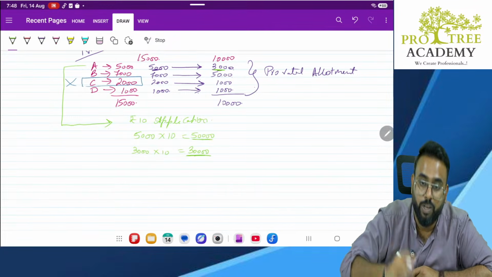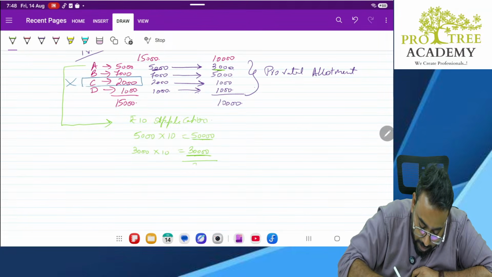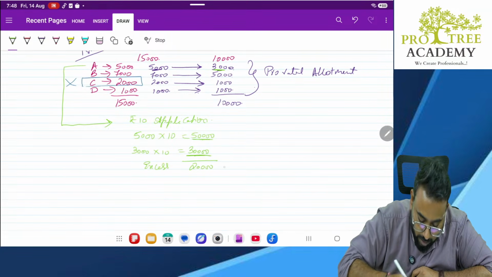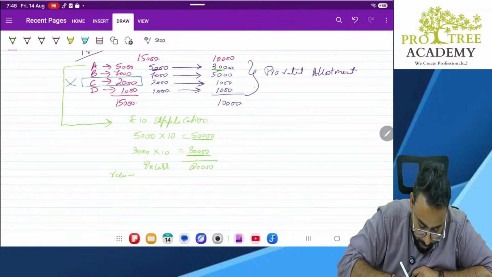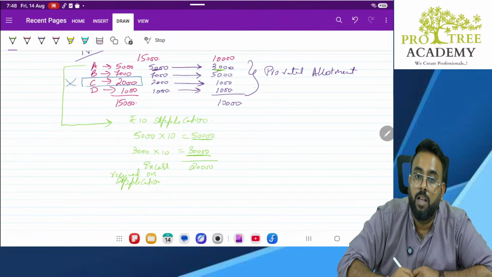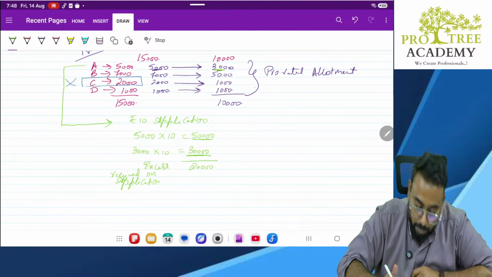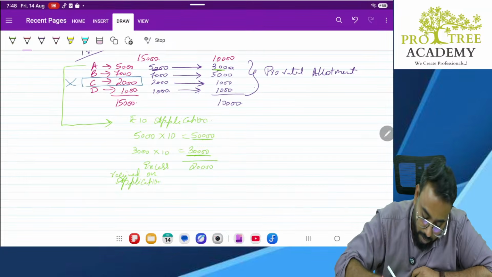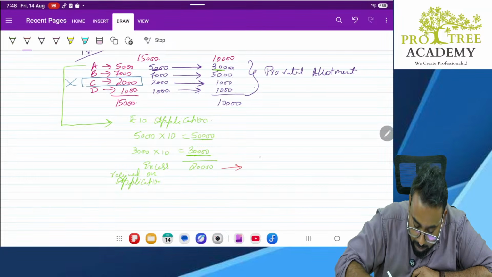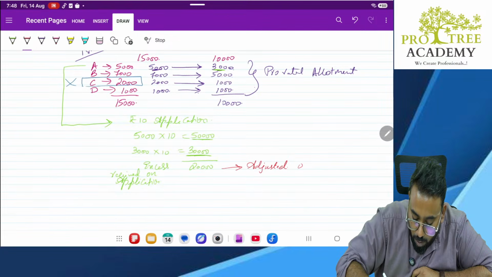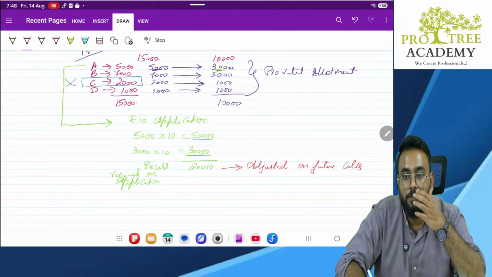But how much have I received? 50,000. This extra 20,000 is there, no? This excess 20,000 received on application will be adjusted on future calls.